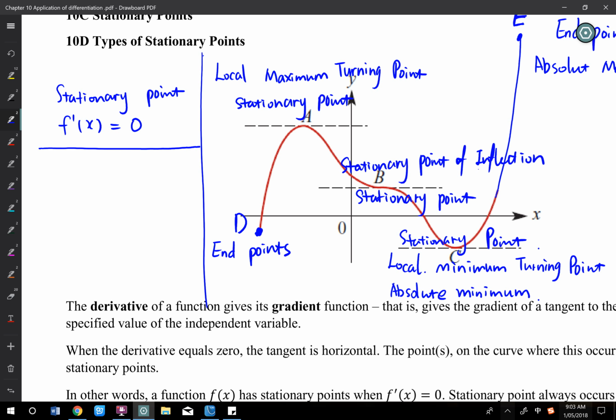Let's think about the cubic. There's no endpoints, there's no restriction in domain. Are you going to have an absolute maximum? It's just any cubic graph. Are you going to have an absolute maximum? No, it's going to keep going. And you don't have a local minimum either. There's no absolute maximum or minimum on that diagram.